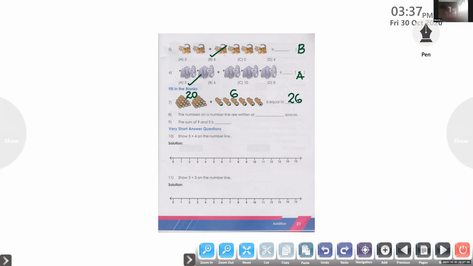What about the distance between the numbers on a number line? Same. Or we can say another word. The distance or gap between the numbers is equal. So we can say the numbers on a number line are written at equal spaces. Okay? E-Q-U-A-L. Equal. Thank you, ma'am.